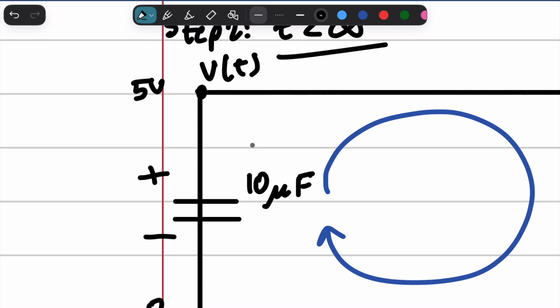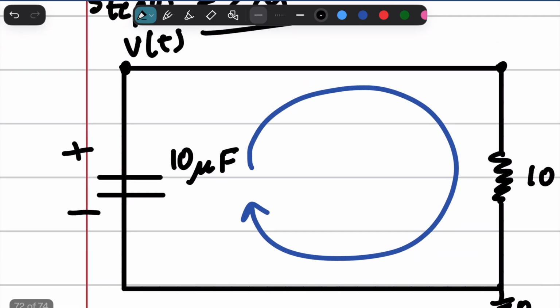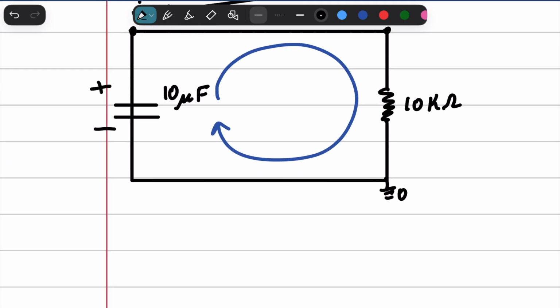This is important because we need to know the direction of the current going into this capacitor, because the capacitor is essentially a power source. It's like a battery.